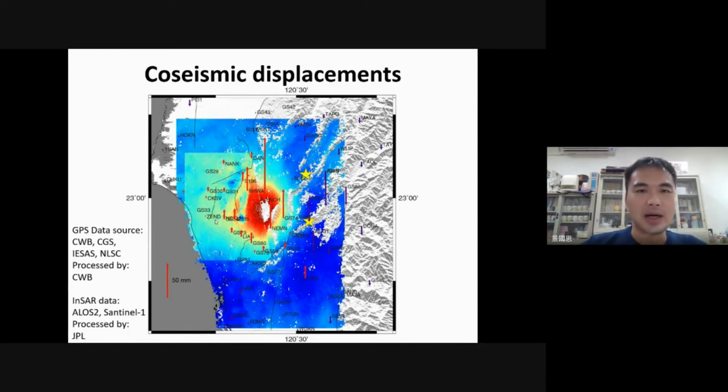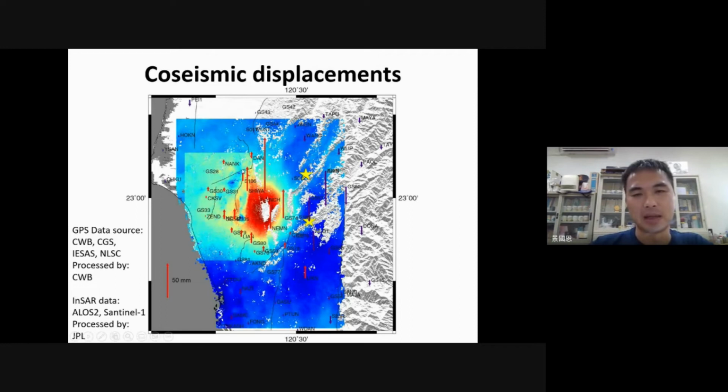So it is very important that once the co-seismic displacement pattern is complicated, only the InSAR data can give us very good information about the co-seismic displacement, because it has a high spatial resolution.